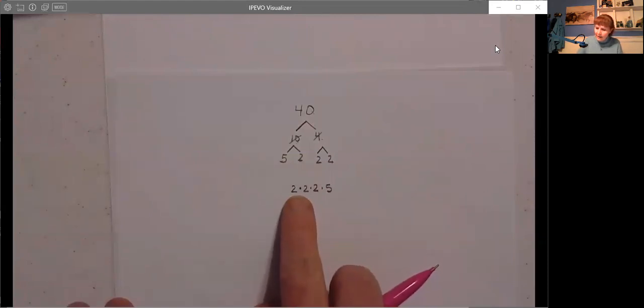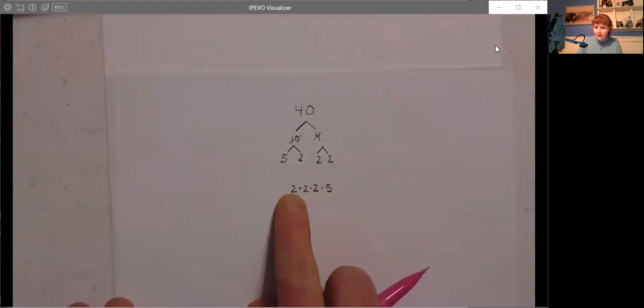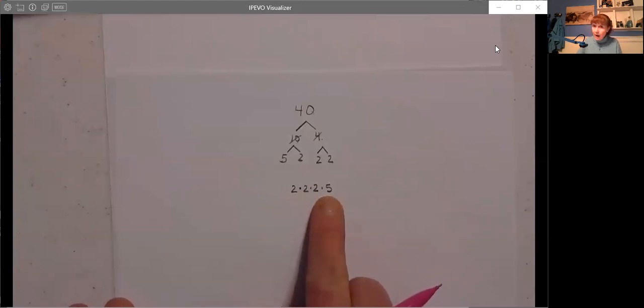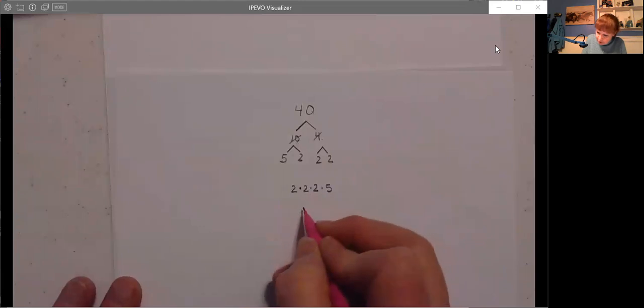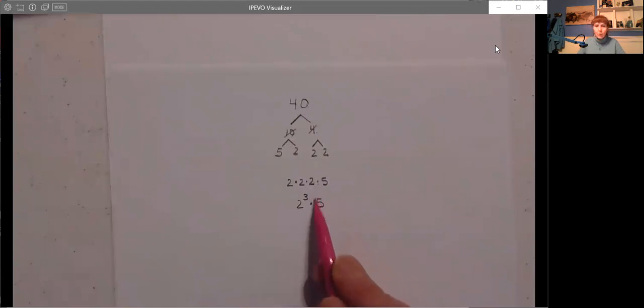You have broken these into factors that are all primes, and if you multiply these prime factors together, you'll get 40. Now, it also can be written 2 cubed times 5, because we've talked about exponents. Either of these should work.